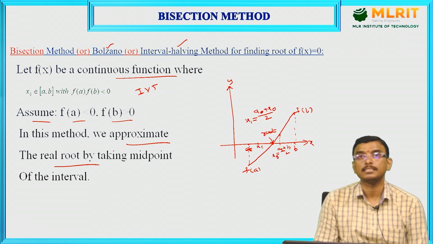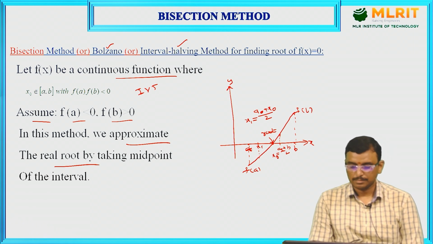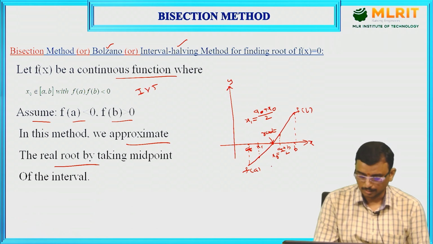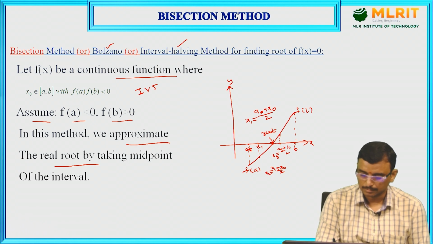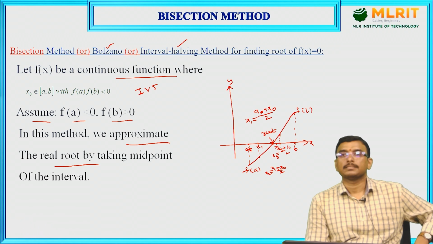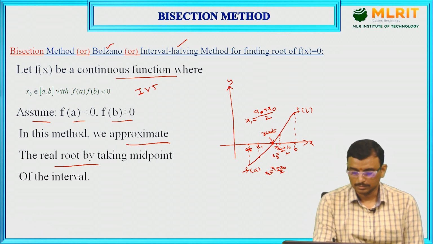If x1 is negative, then the root lies between x1 and x naught. So, I divide the interval again, x naught plus x1 by 2, and this is x2, my new root. We continue this process until we get a closer root of these two solutions.